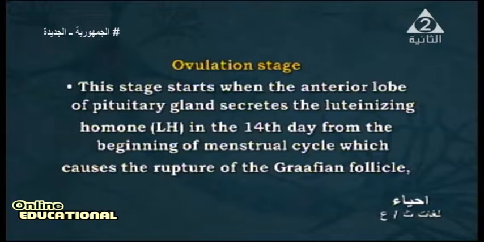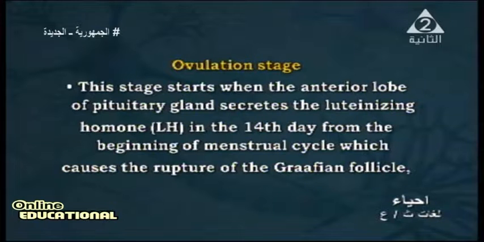Ovulation stage. The ovulation stage starts when the anterior lobe of the pituitary gland secretes the luteinizing hormone, LH. So the pituitary gland secretes the two hormones, FSH and LH. The first 10 days were for the growth of the Graafian follicle.